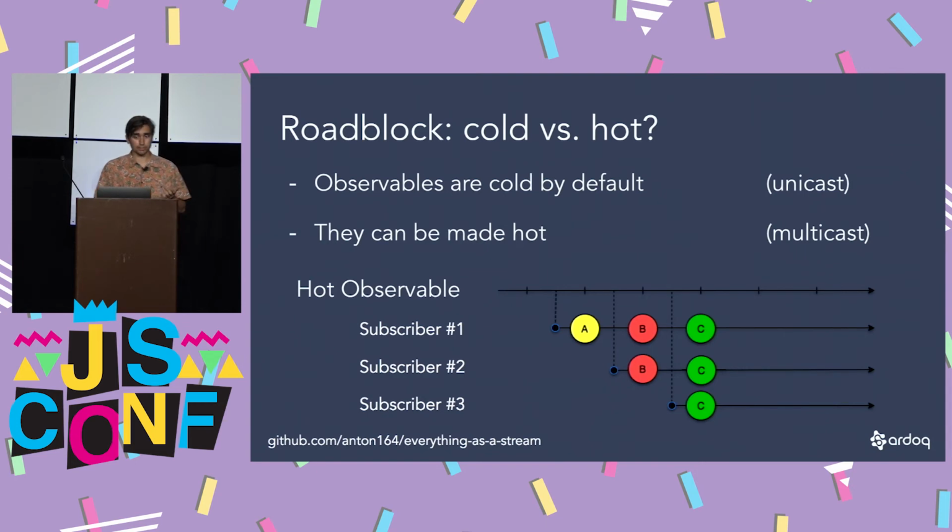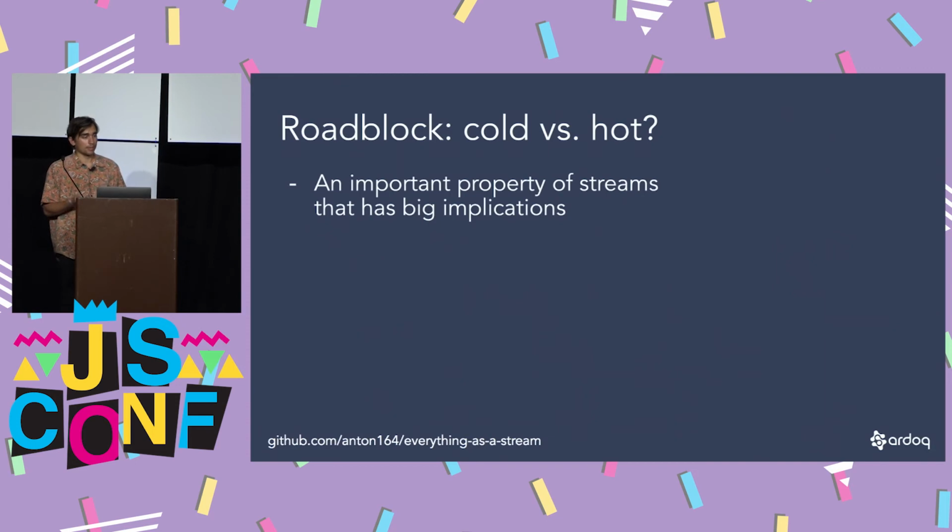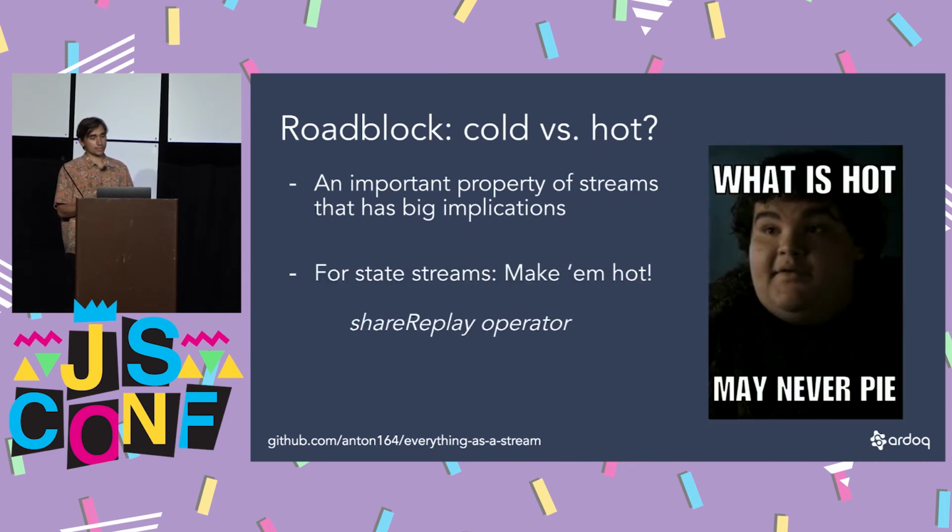What we can do for state streams is use hot observables, which share the producer among all subscribers. Cold versus hot is a very important property of streams that has big implications, and you need to think about this when you define your streams. For state streams, it's easy. We just make them hot.